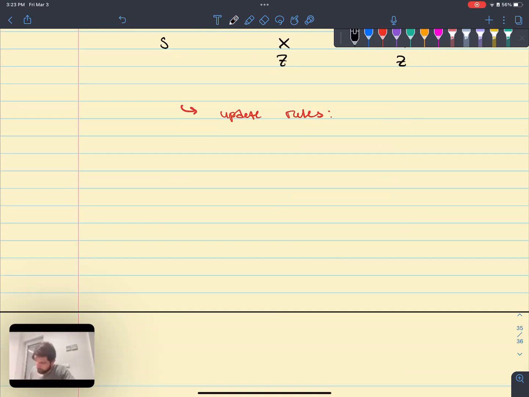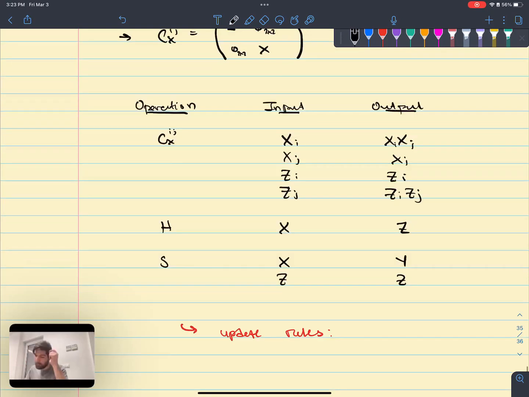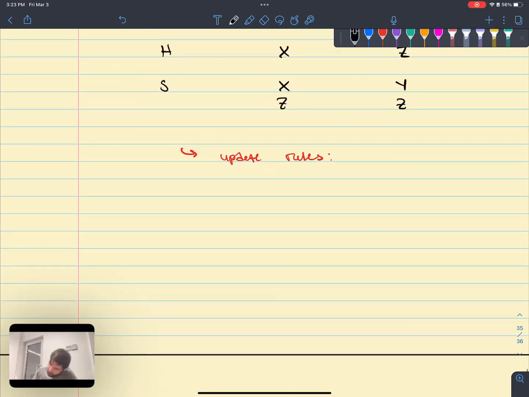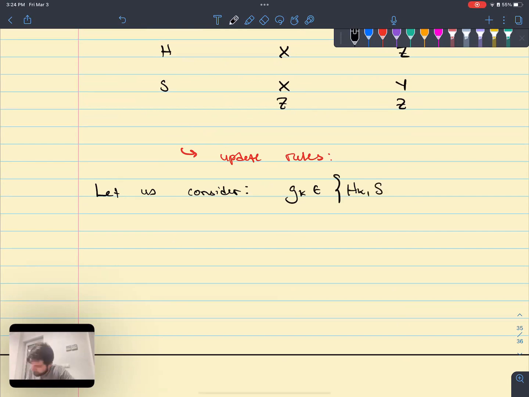And then what you can do is the following. So let's consider first the elements of this one where it only acts on a single qubit. Consider G acting on the kth qubit, which is an element of the Hadamard, the phase, or it could be any of the Paulis too.